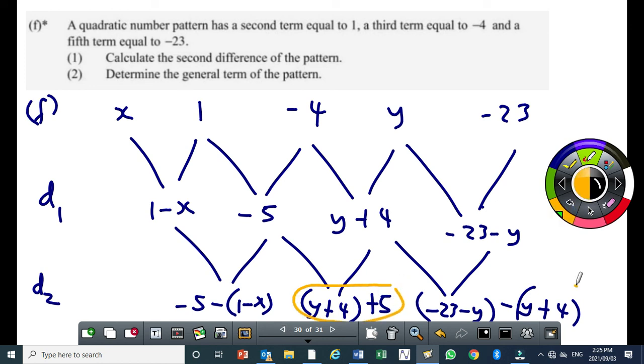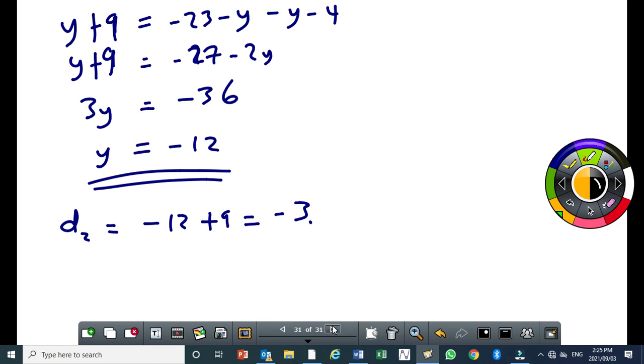So you equate it to that. It becomes a grade 9 equation, which is this one. y plus 4 plus 5 gives you 9. Then you simplify. Minus 23 minus 4 is minus 27, minus y minus 2y.